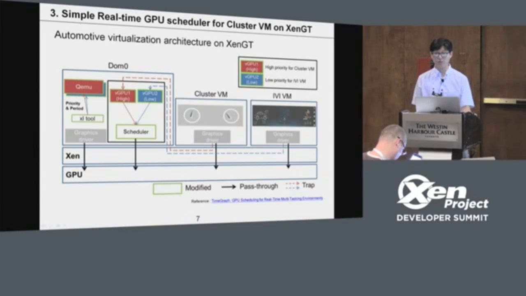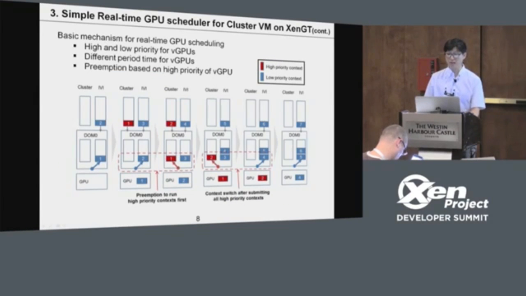A high priority vGPU with a long period of time gets a chance to use the GPU more. I give a longer period of time to the high priority vGPU than to the low priority vGPU due to the characteristic of the GPU. GPU is not like CPU. I'll explain it later, on slide 9.